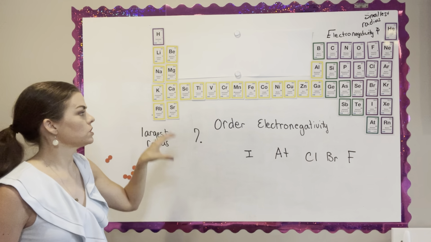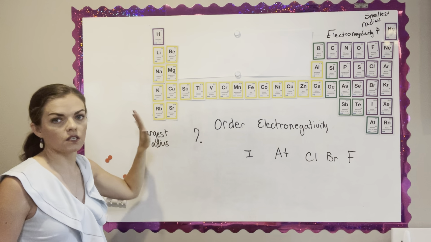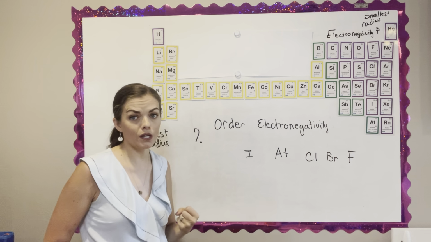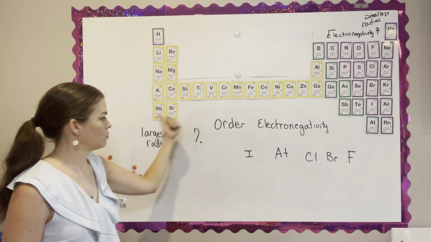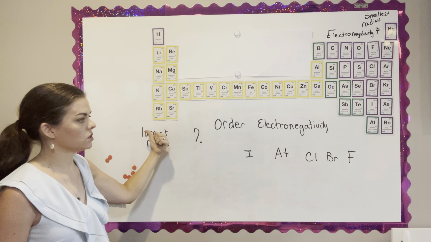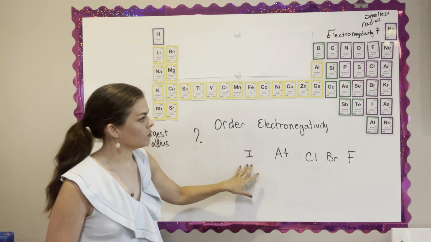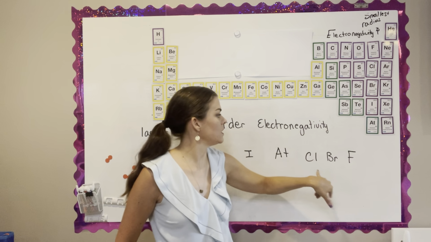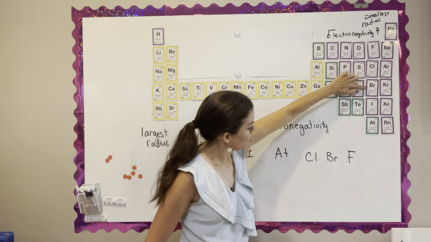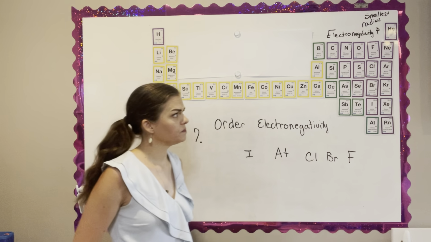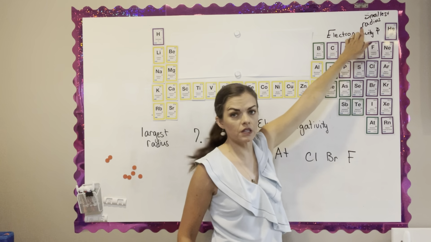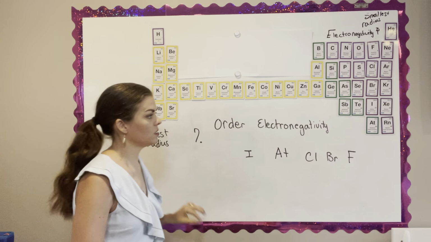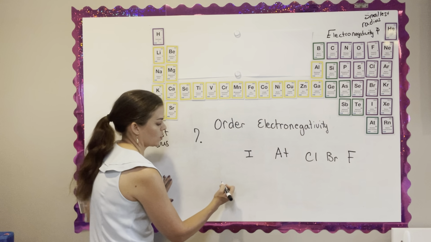So to start with the smallest electronegativity, and these are elements that don't pull electrons to them very well, I'm going to look more towards the ones that are closest to this corner. So I have on my periodic table astatine, iodine, and they're all down here, chlorine, bromine, and fluorine. And so since up at the top is the most electronegative, the furthest down is going to be the least.